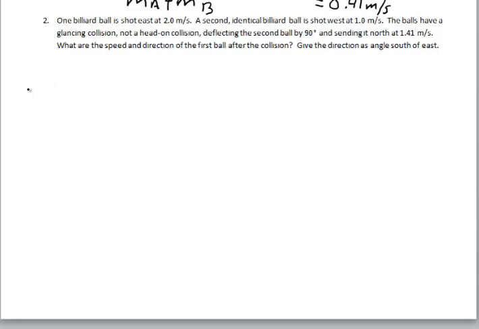We have a ball going east. The other ball is going west. And then after the collision, the second ball, which we're going to call B, goes this direction.